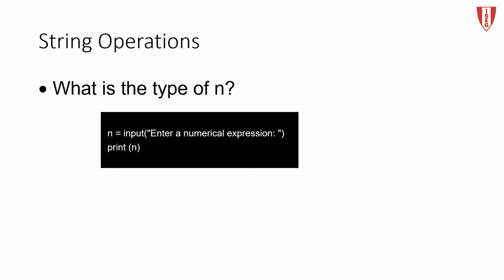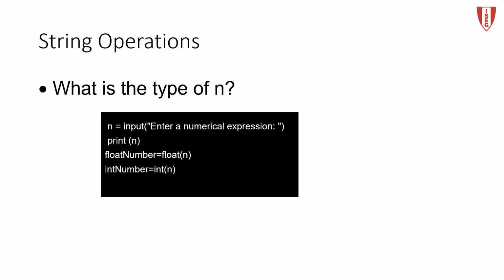So, if you want to perform calculations, you must change it to integer or float. If you want to concatenate with another string, we must use string. We may use the function float to convert n into a float number, or we may use the function int in order to transform it into an integer number.